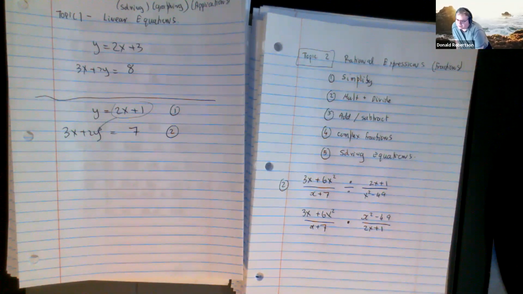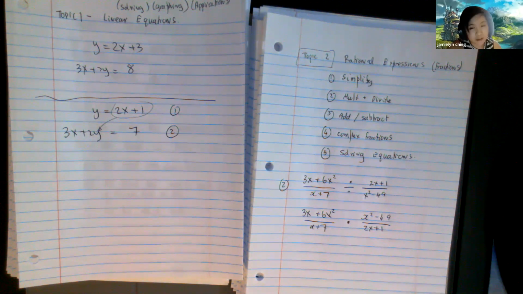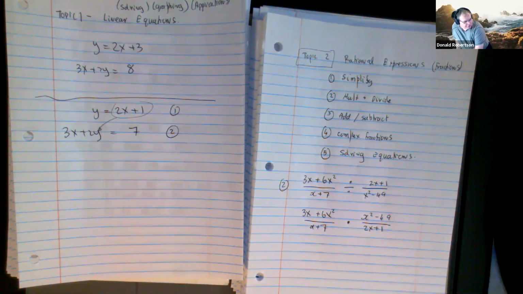Now, where are we off to now? What's the next piece of the process? What? You want to factor it? You want to factor it, yes. So I was about to say, you're right, Jamila, that's exactly what you do.